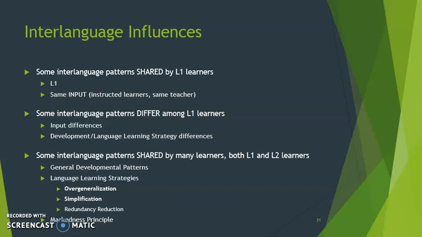That could be because of general developmental patterns, limitations on working memory, and access and knowledge, and some things could be language learning strategies like overgeneralization, simplification, the redundancy principle, and it could also be the markedness principle at work when it's a pattern shared across many learners. And just to look forward to the next unit on development, overgeneralization and simplification are often described also as interlanguage processes.